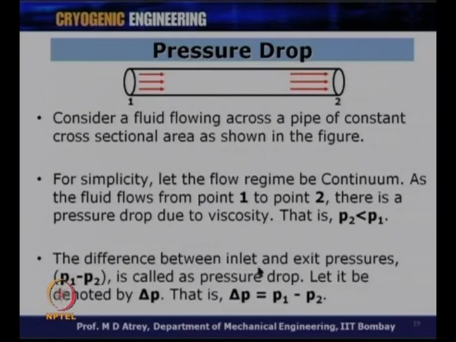The difference between the inlet and exit pressures, P1 minus P2, is what we call the pressure drop. Let this be denoted as delta P, so delta P is equal to P1 minus P2. This is very standard fluid mechanics practice to calculate delta P across the region when the flow rate is, let us say, m dot.